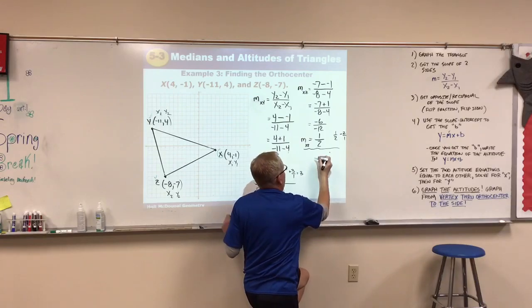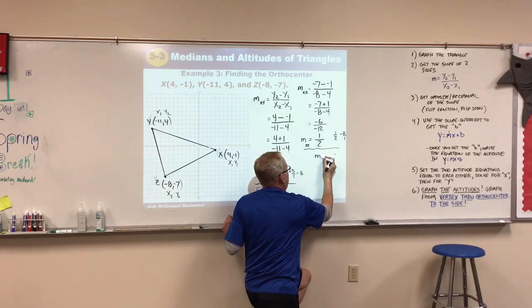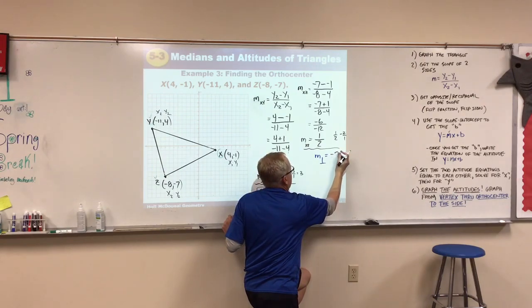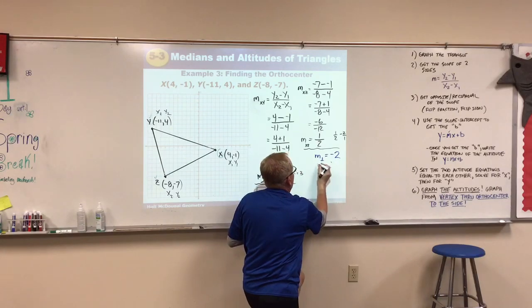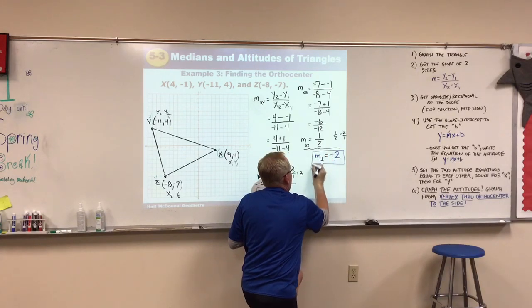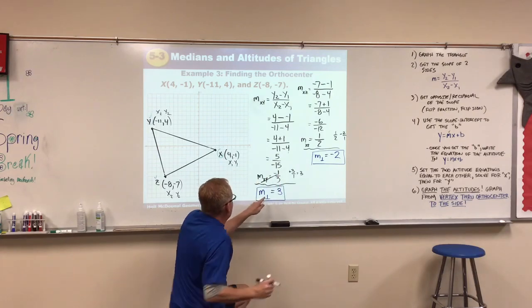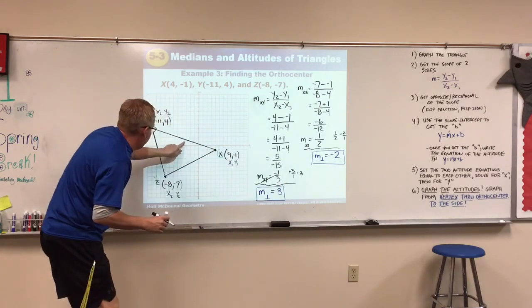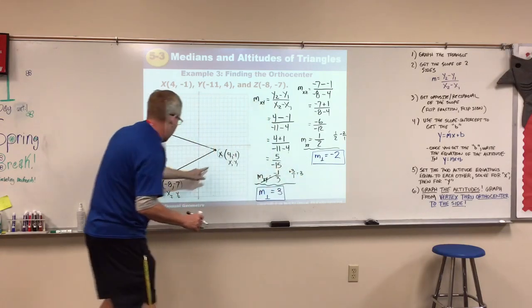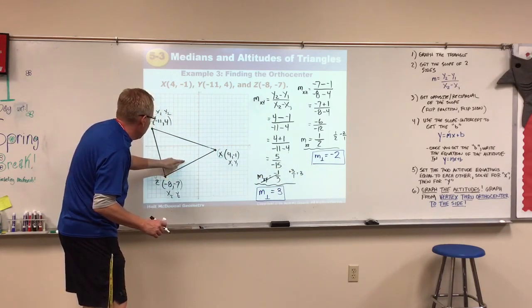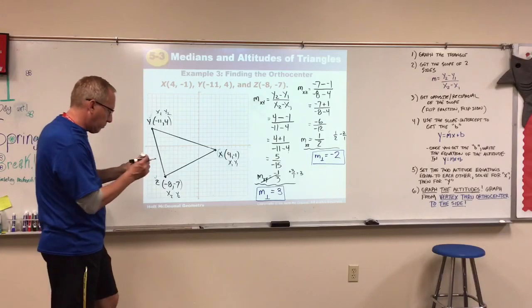So the perpendicular slope for this one is equal to negative 2. I'll put a box around that, and that's why I put it in blue. So the perpendicular slope that runs off of xy is 3, and the perpendicular slope that runs off of xz is negative 2.